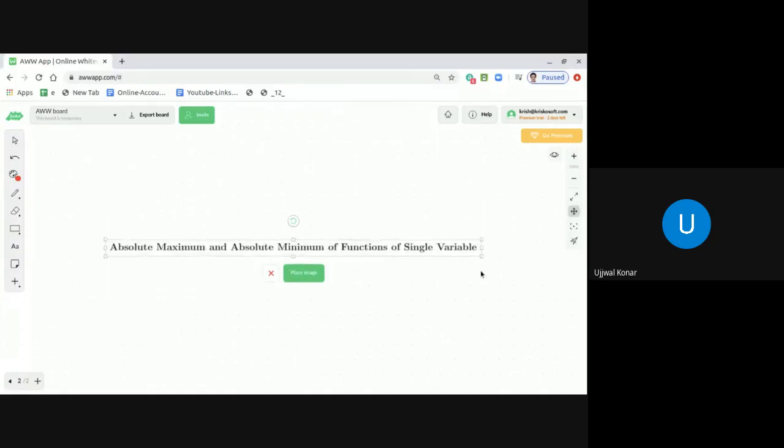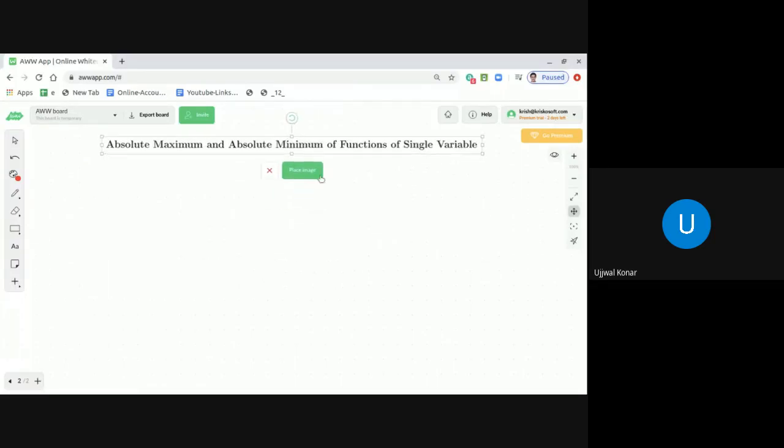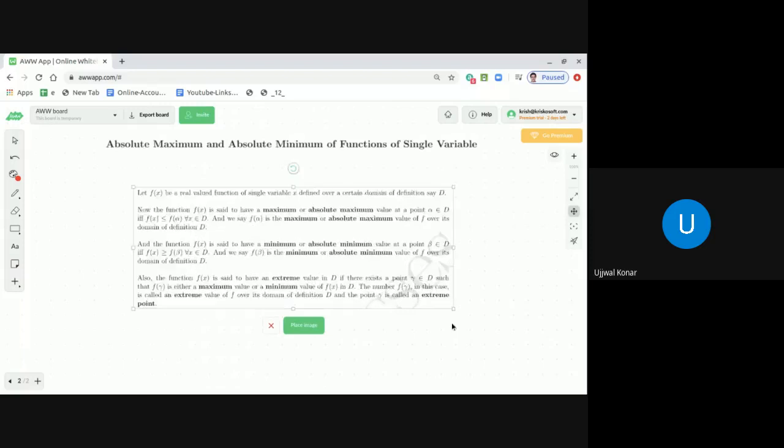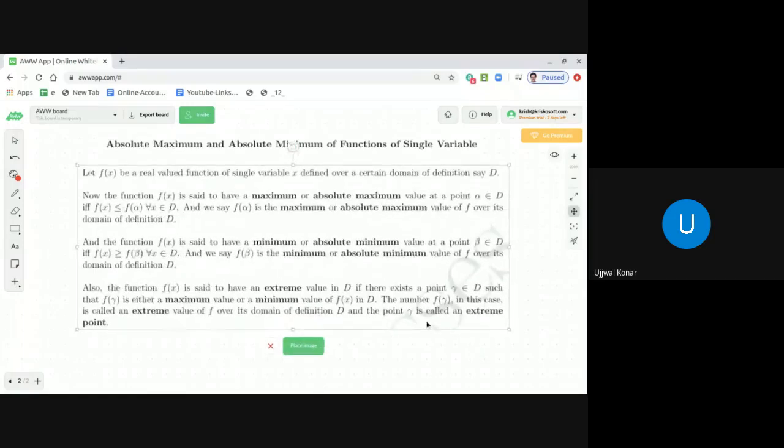To define that, first and foremost, let f(x) be a real valued function of a single variable x defined over a certain domain of definition, say D. Let me copy paste this study material and explain from here. What is the statement, dear students?